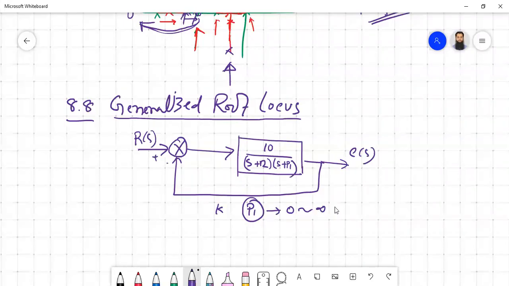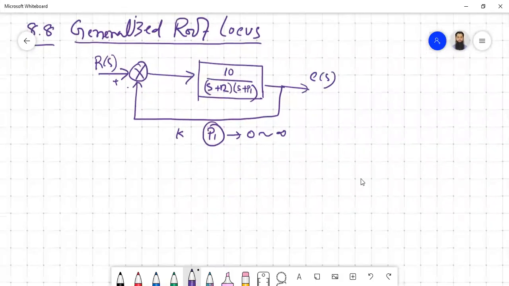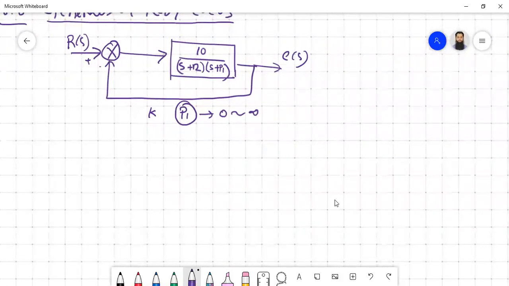So how can we do that? It seems very complicated, but actually it is very, very simple. Based on the system that is given, the first thing you have to do is find out the closed loop transfer function of the system. Then from that, you have to find out the function KG(s)H(s).